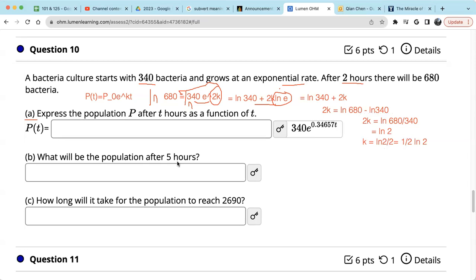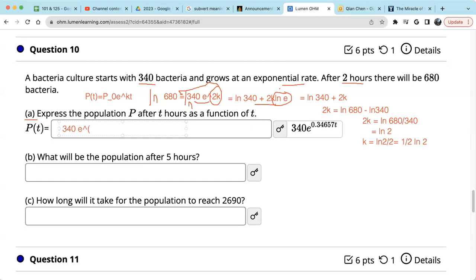Oh, such noise. Now I would like to write the equation like this: 340 e to the power, and I'm going to put a parenthesis to indicate that that's all power. Sometimes we read this as exp, but let's do this for this class.